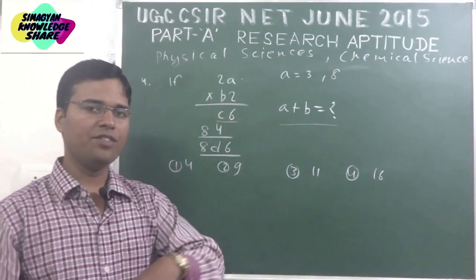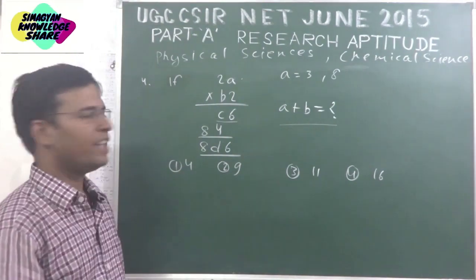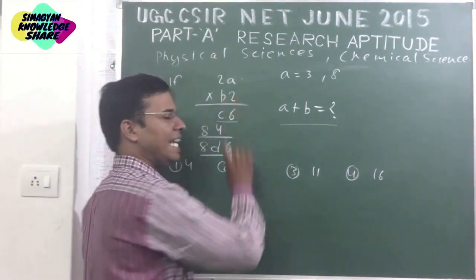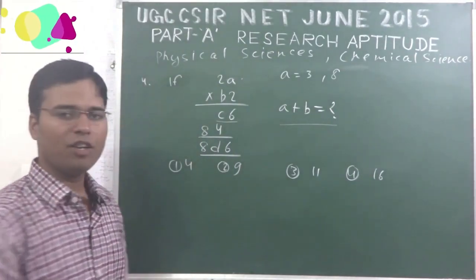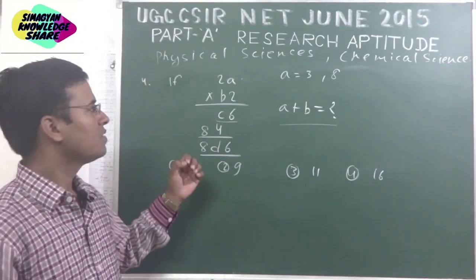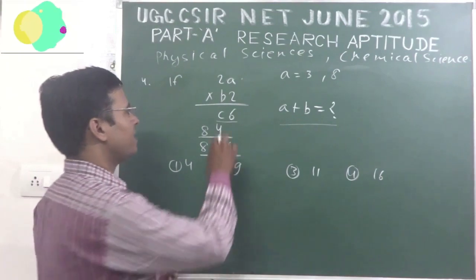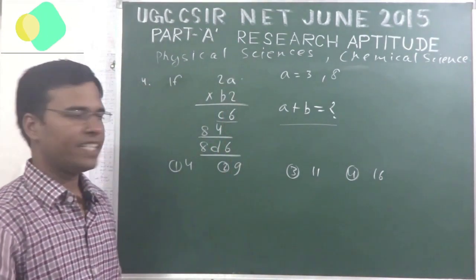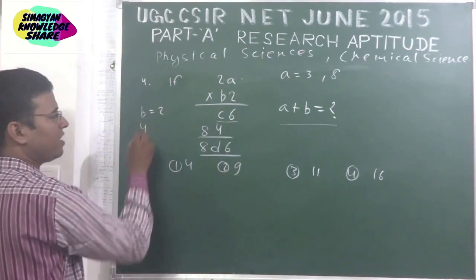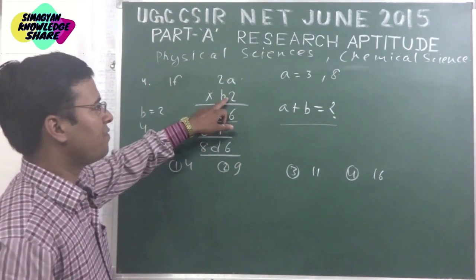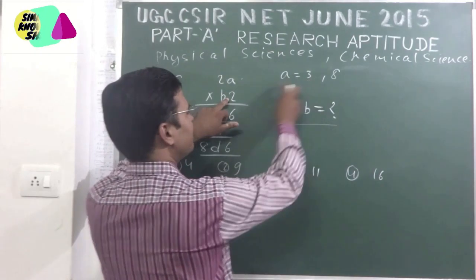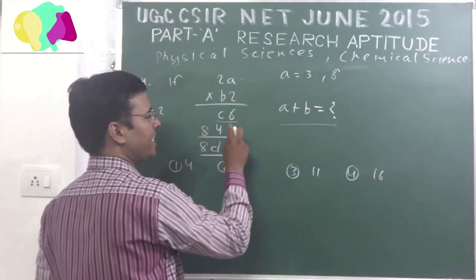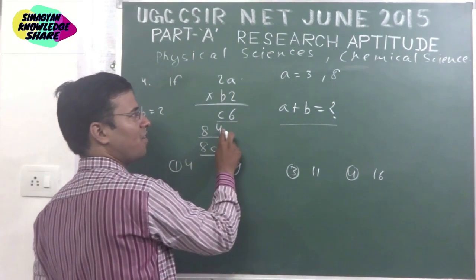We don't know the value of b. If b is 2, then 2 multiplied by 2 gives 4. But if a is 3, then 2 multiplied by 3 gives 6, not 4.